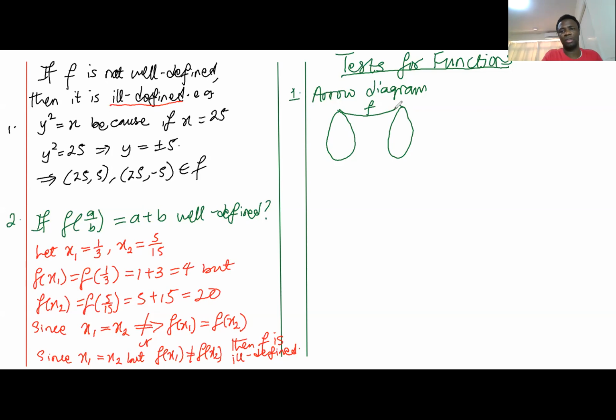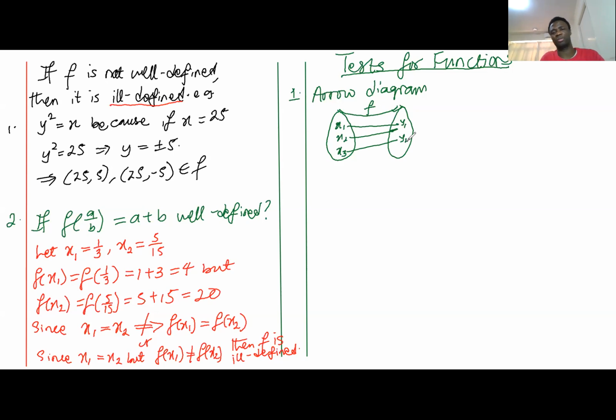Okay, looks like this. So if in your arrow diagram, maybe this is x1, x2, x3, every x1, x2, x3 is mapped to something here. It could be y1. In fact, these two could be mapped to y1. And this is maybe y2.